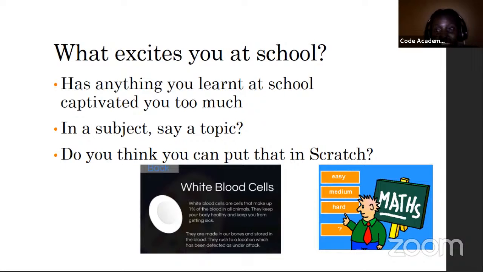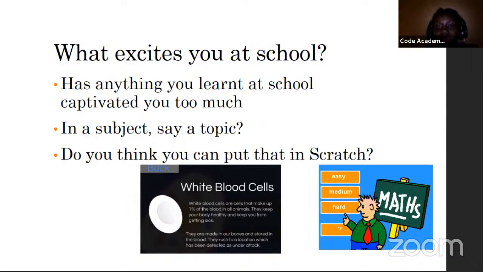Sometimes your best topic, or the topic that fascinated you, is not even in your best subject. So you think about that. And then when you think about that, do you think you can put it in Scratch? Now, don't try to overthink. Whenever you're creating a project, you have to think this way: if someone looks at this project, will they understand whatever I have put in the project?